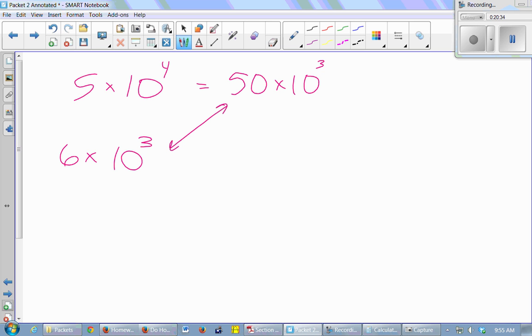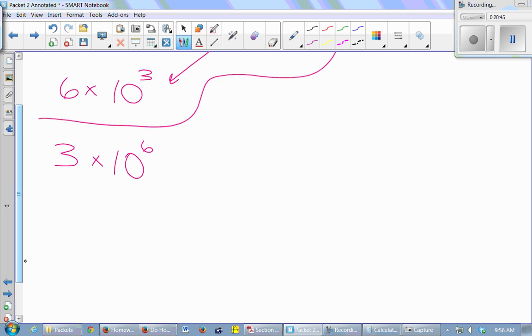So let me write another example. If I have 3 times 10 to the 6th and 15 times 10 to the 6th, which number is bigger? The bottom number, why?